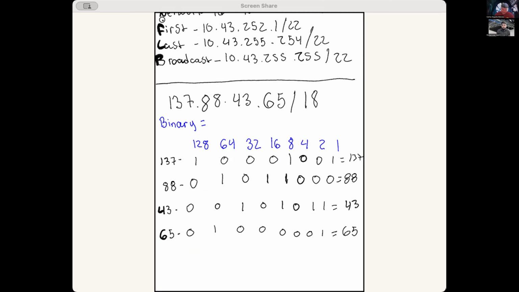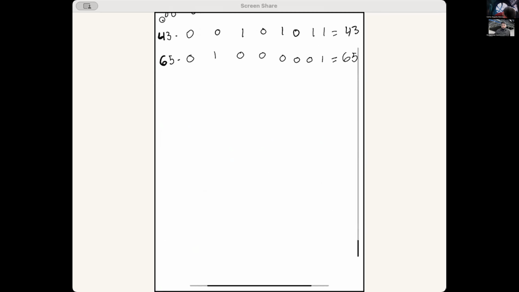Then if we turn this subnet mask into binary, we know that /18 would look like 255.255.192.0, right?